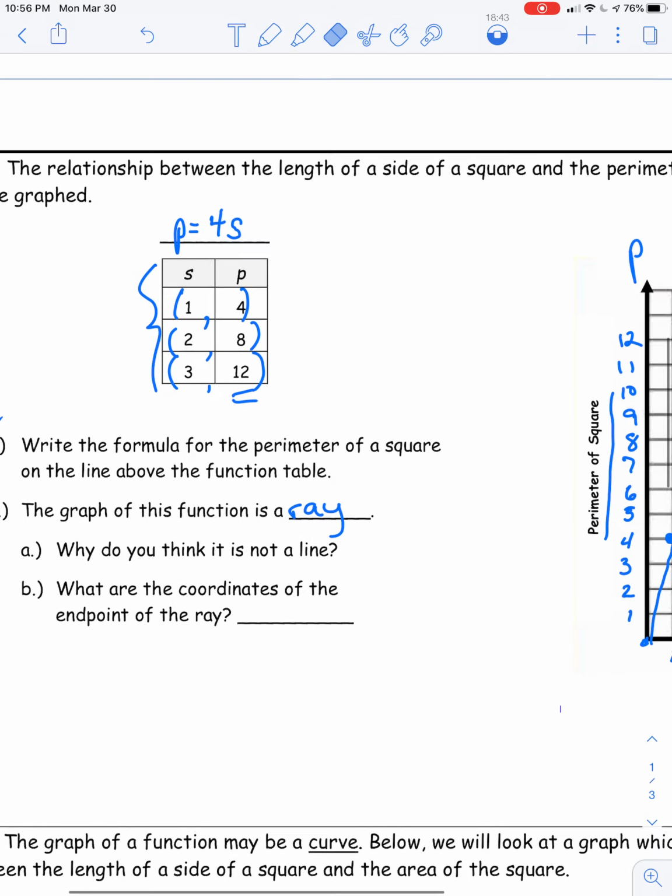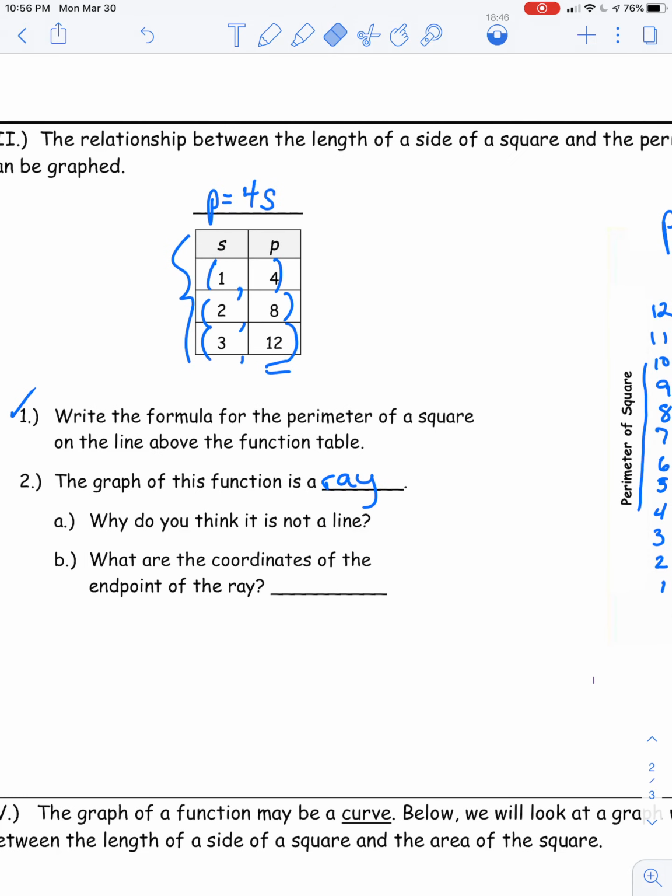Okay, why do you think it's not a line? I just explained that a moment ago, because a square never has a negative length on any side. So let's write that in here. A square never ever has a negative length on any side.